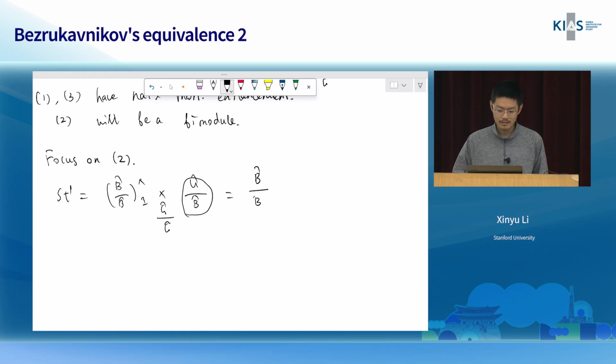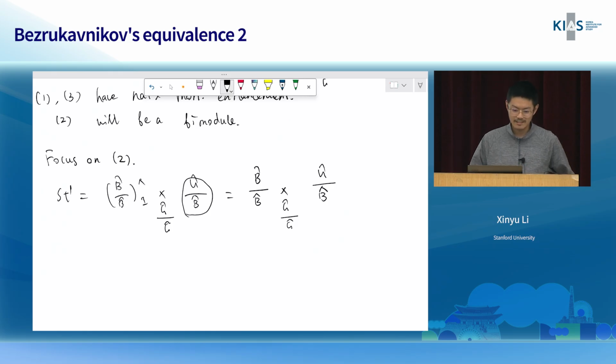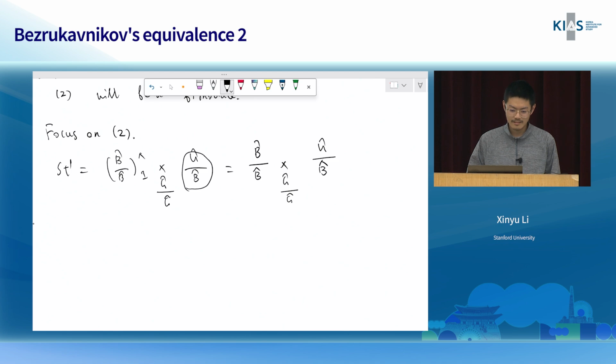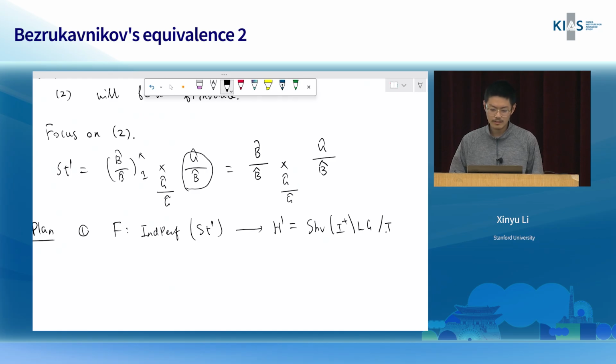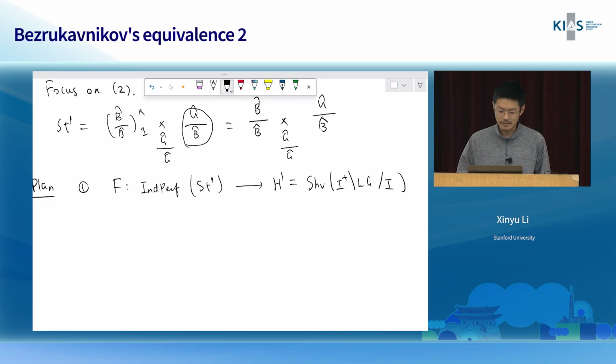So it's something easier to study. And the strategy is as follows. We first build a functor F from ind-perfect complexes on this ST prime to this automorphic category, which I denote by H prime. You may think of this as the spectral action in this context.